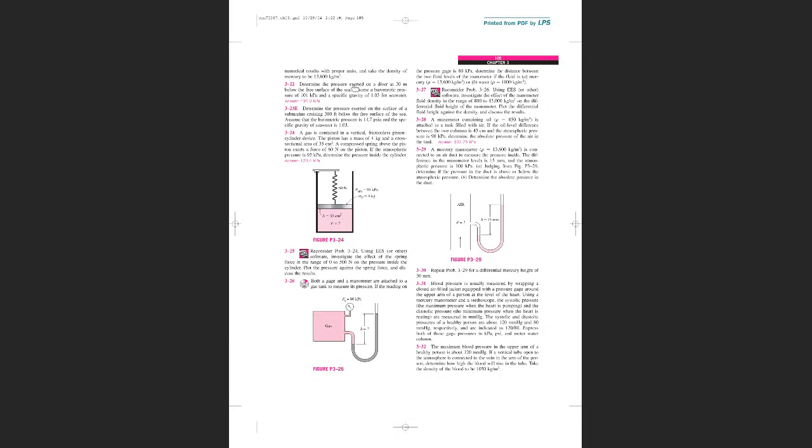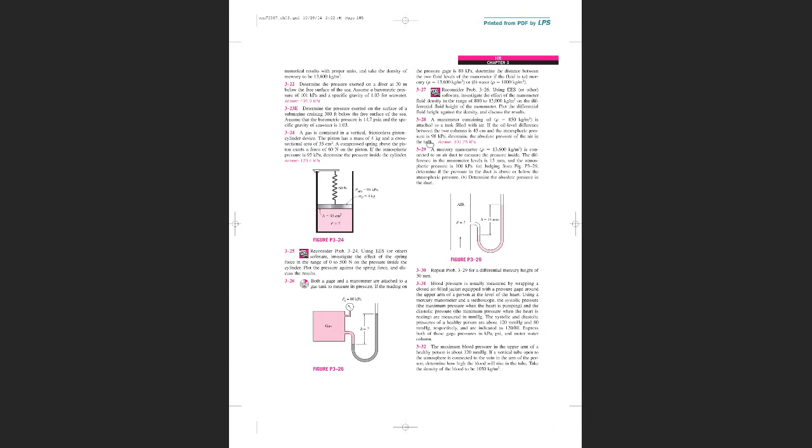You can calculate the gauge pressure by what? P equals rho gh. Rho is what, guys? 1030. You are given the depth as 30 meters. So you calculate the gauge pressure, you add the atmospheric pressure to get what? The absolute pressure. That is question 22. Is it clear, guys, or are you not following me?